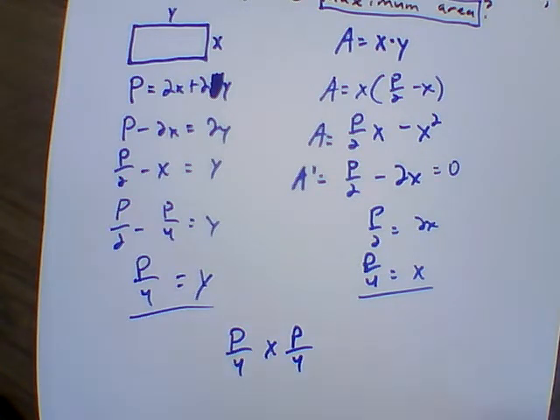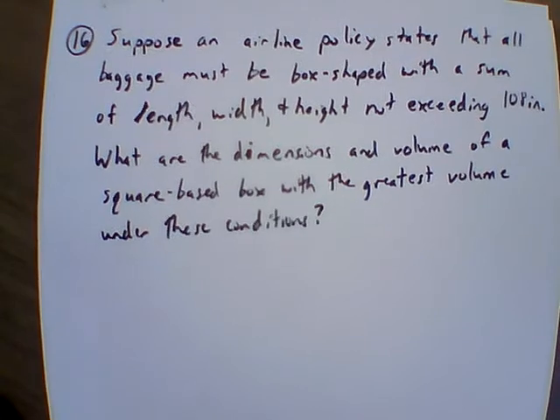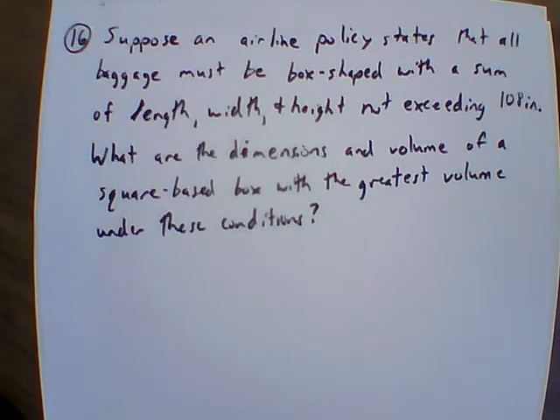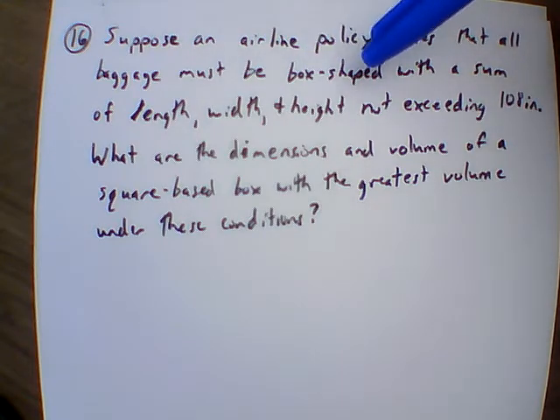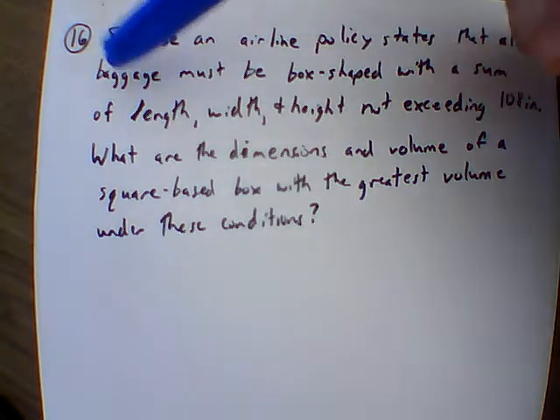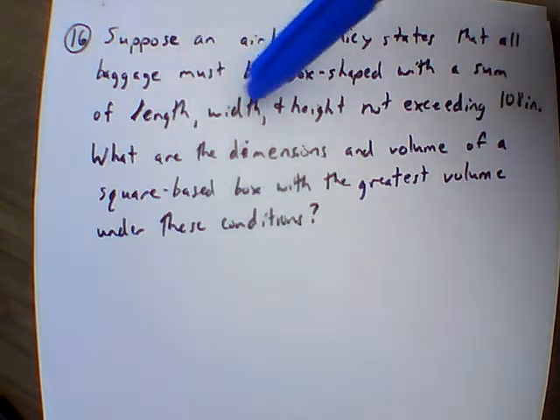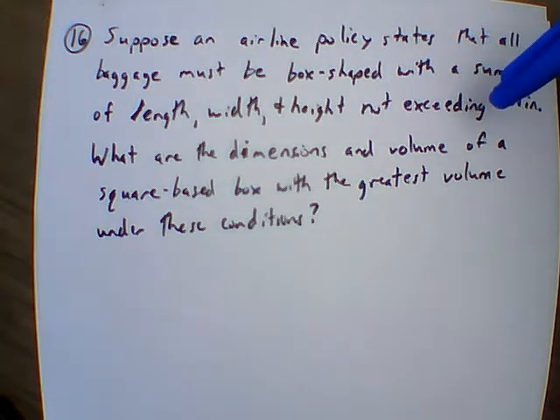If we go to number 16, I rewrote out these questions so I could explain and point out within here. On number 16, it talks about maximizing the volume of a box. Suppose an airline states that all baggage must be box-shaped with the sum of length, width, and height not exceeding 108 inches.